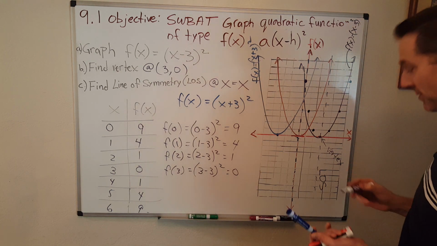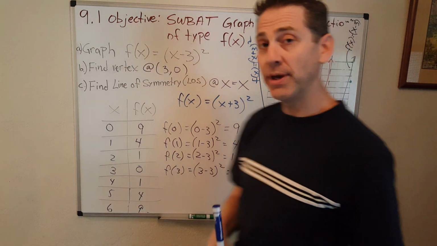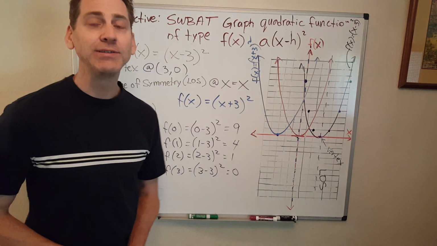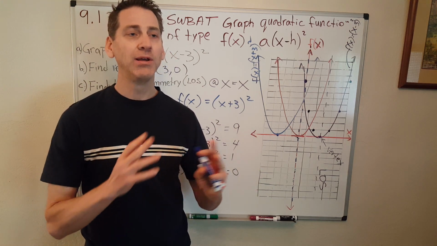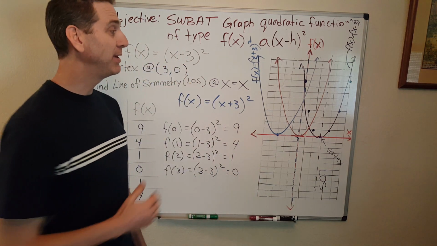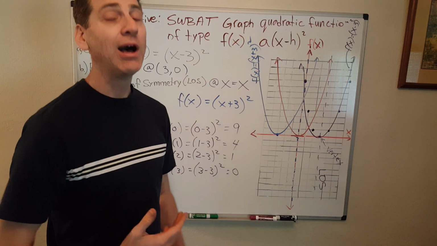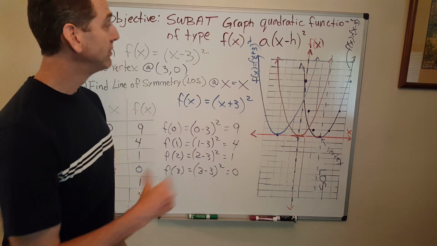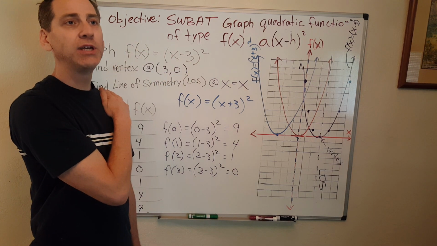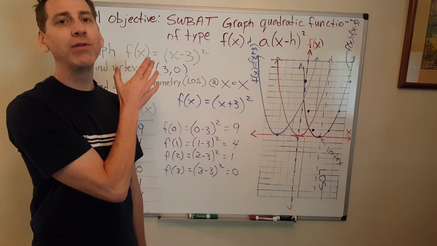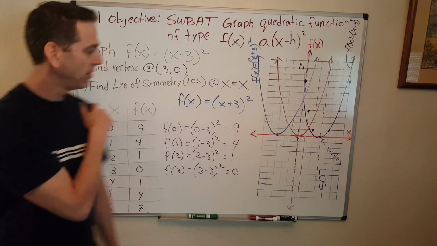So I don't know if you can read that, but the idea here is it's very important to know the shifting of your parabola. And the reason for that is because if I know the shift, I'll know my vertex. So for example, when I see this, I know, oh, this shifts 3 to the right. So I know that my vertex is at x equals 3.